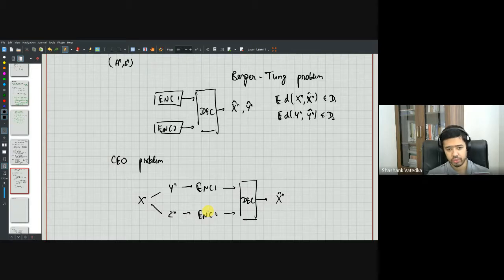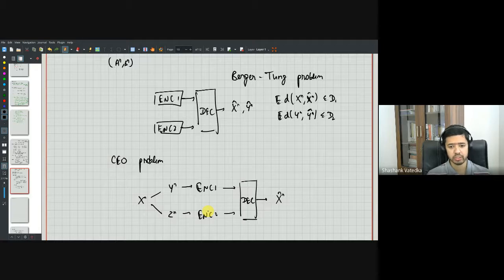Okay, so again, this problem has been extensively studied, and in many cases the CEO problem is solved, particularly for Gaussian sources. But again, the general CEO problem is also open. So there are many such versions which are still unsolved. We again have inner bounds and outer bounds.